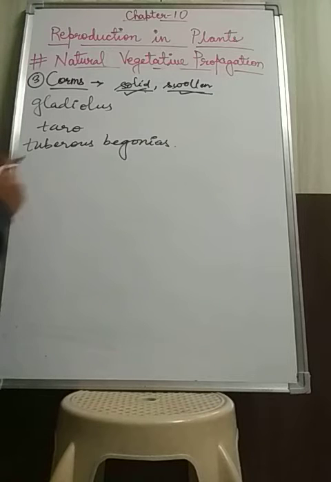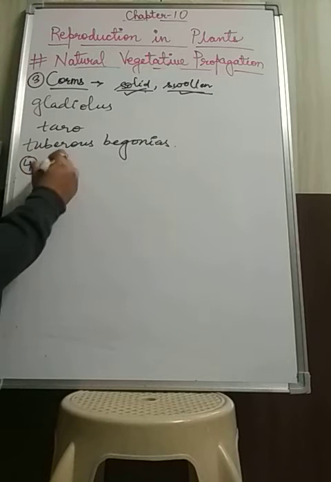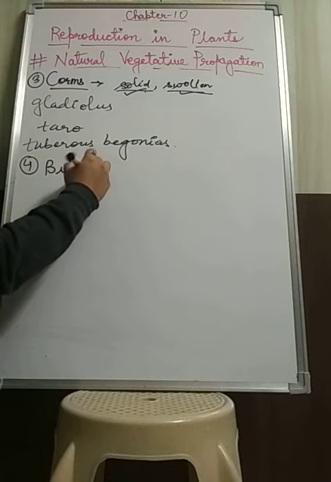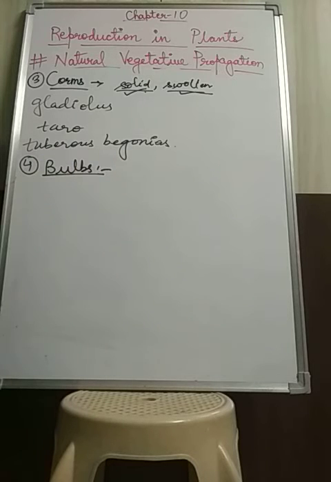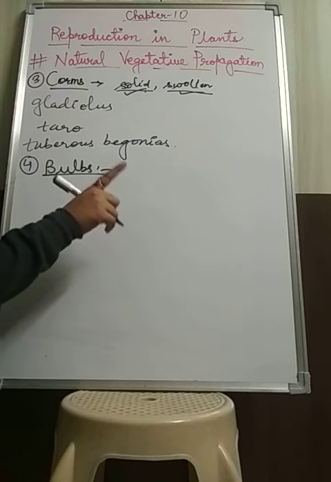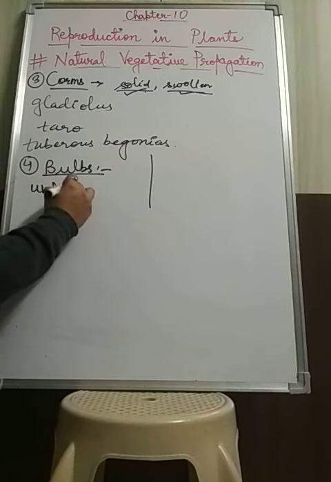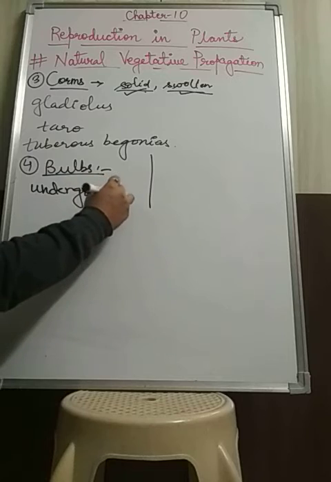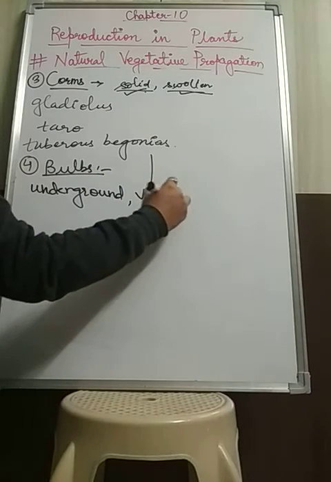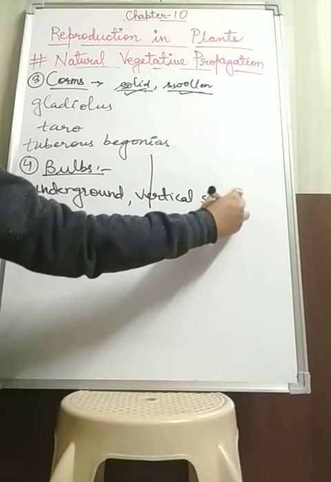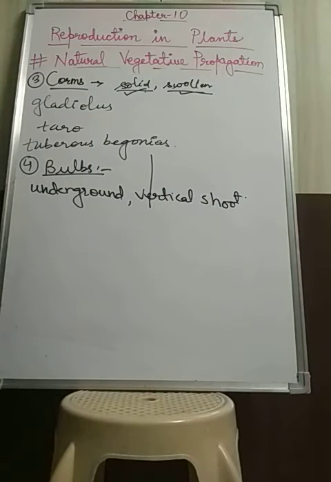Now the fourth type of structure is bulbs. These bulbs are underground vertical shoots. Shoots means those which carry stems or leaves.